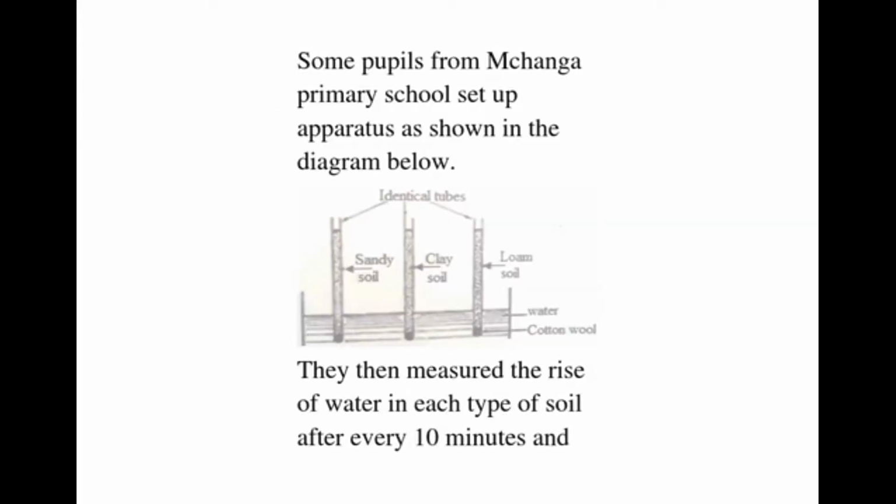Some pupils from Changa Primary School set up the apparatus as shown in the diagram below. Identical tubes, sandy soil, clay soil, loam soil, water, and then cotton wool. They then measured the rise of water in each type of soil after every 10 minutes.